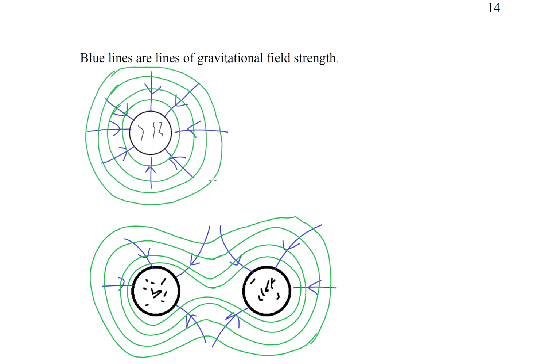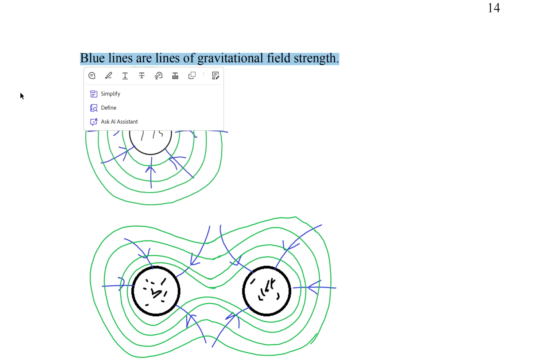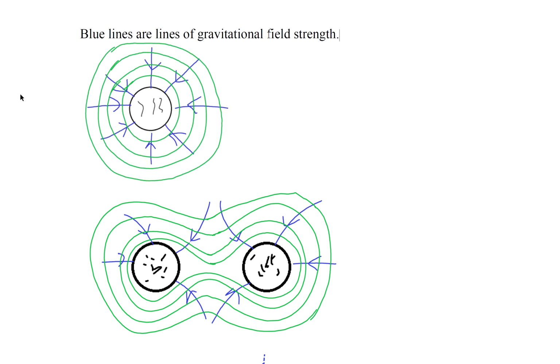The blue lines are lines of gravitational field strength. In the first image, the lines are straight lines that go towards the center of the object.